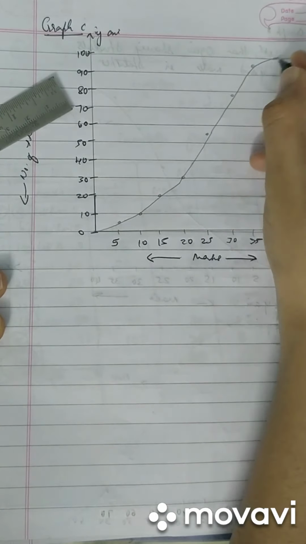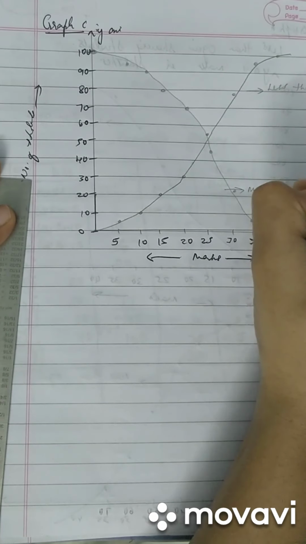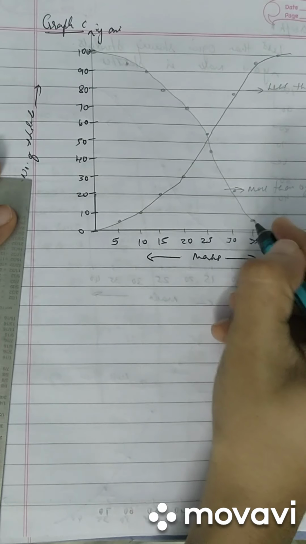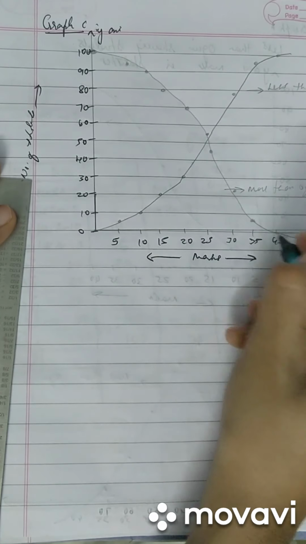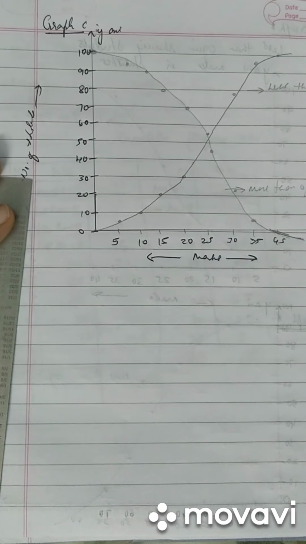Again we will be joining our points. This is a more than ogive. In case of more than ogive, remember after you are done with marking the 35, bring it to the last point, that is 40. So clear?